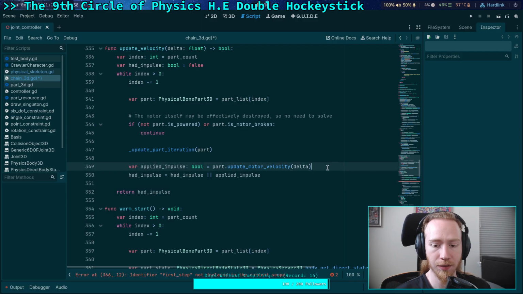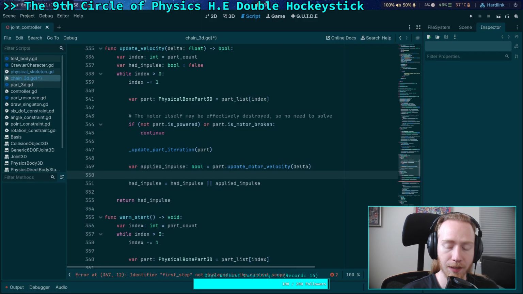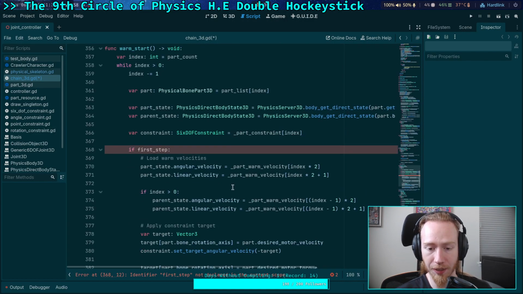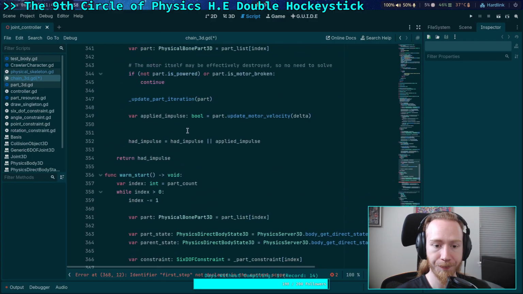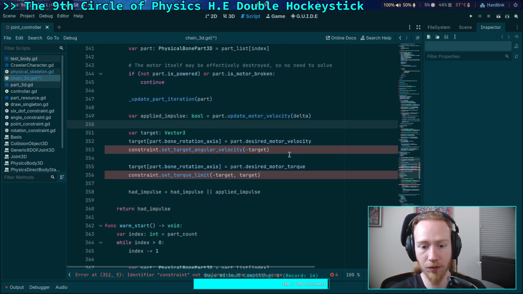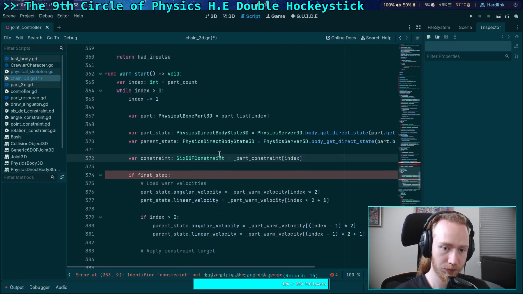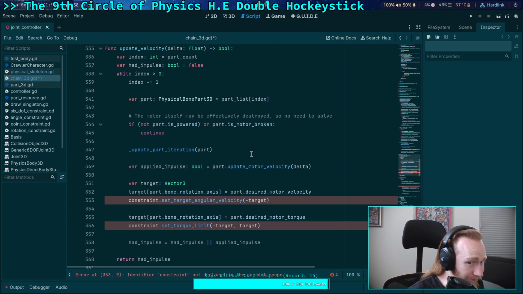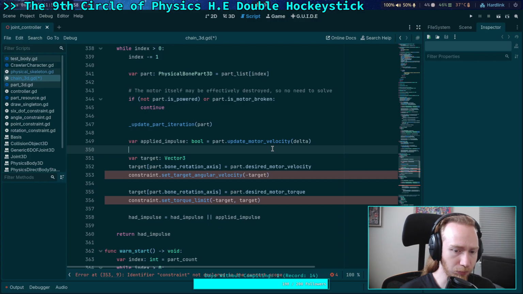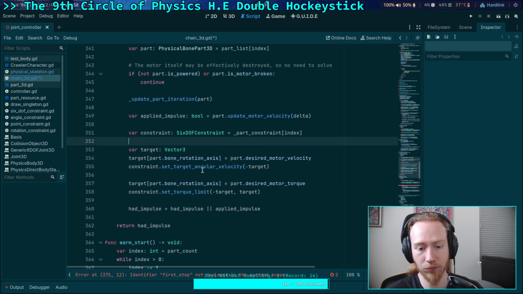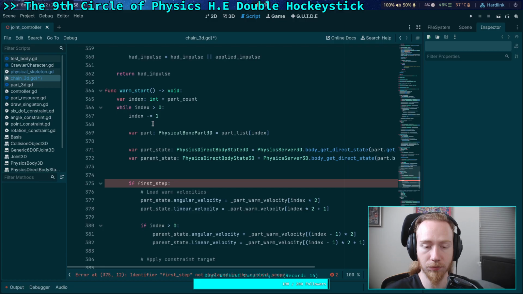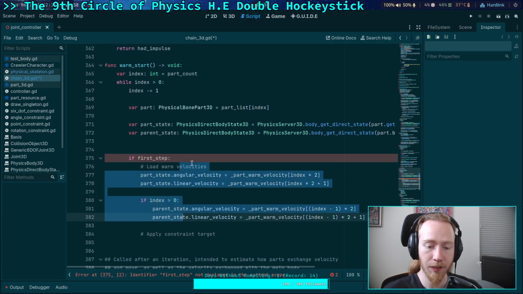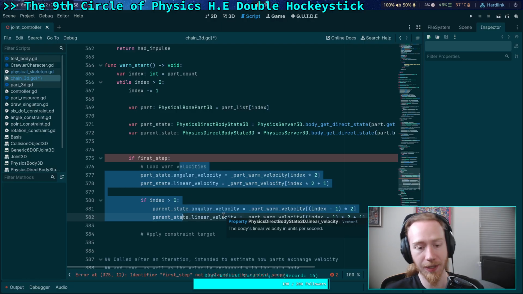Or, in fact, as it's going, this should be putting into the constraint, because this is only going to be called once. And this is not necessary.